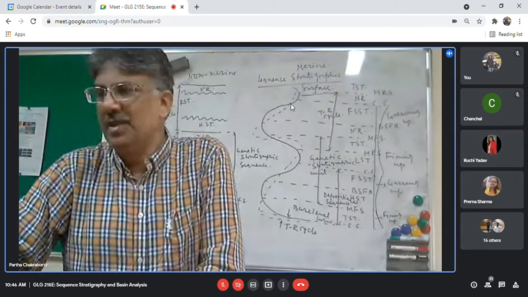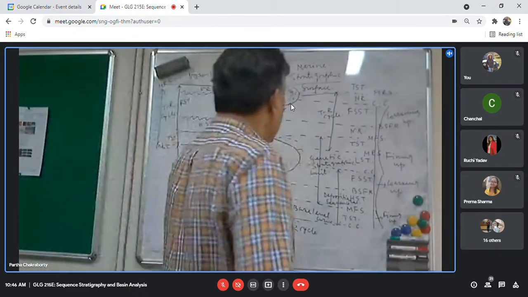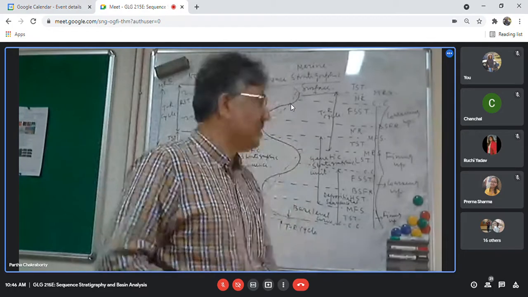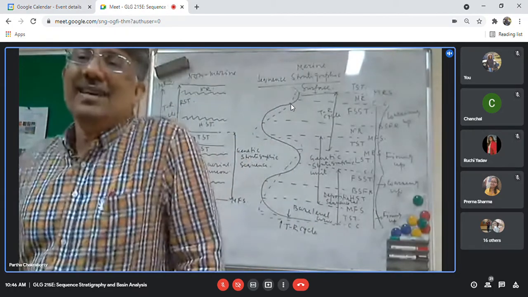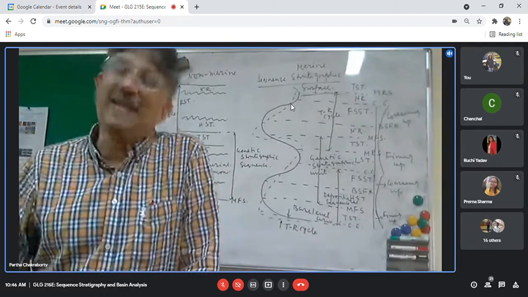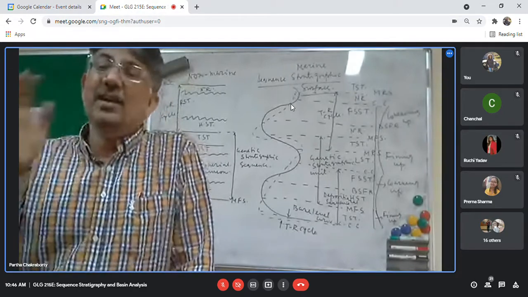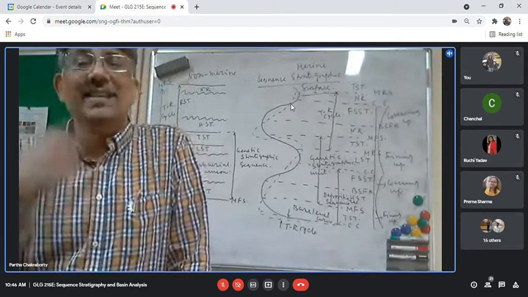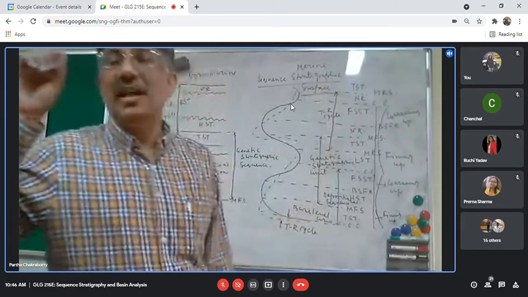Yes, sir. So the most important surface they picked up for the transgression regression curve is the MRS, the maximum regressive surface. As I said earlier, the MRS and MFS depend on the transgression regression. So MRS to MRS is what they call the TR cycle.